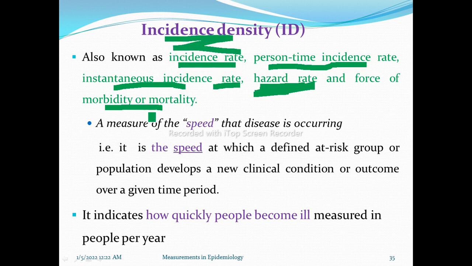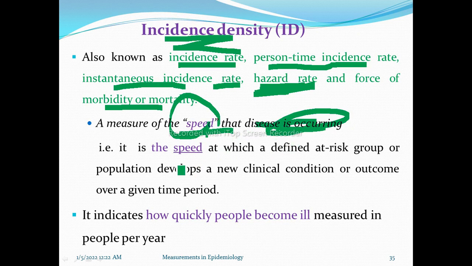It is a measure of the speed at which disease is occurring, how quickly the disease occurs. It is the speed at which a defined at-risk group or population develops a new clinical condition or outcome over a given time period.